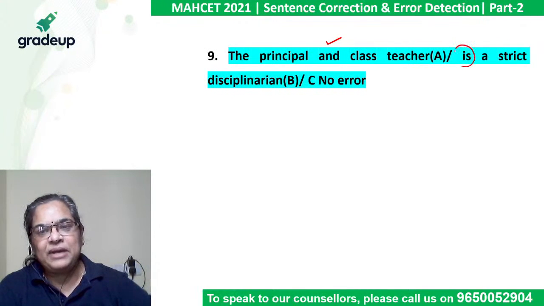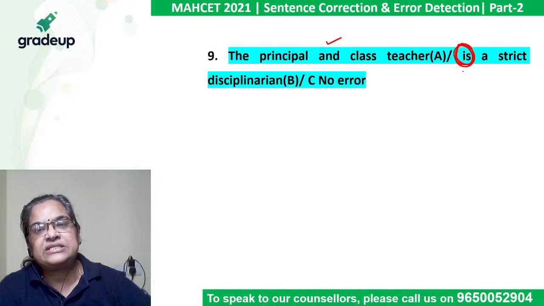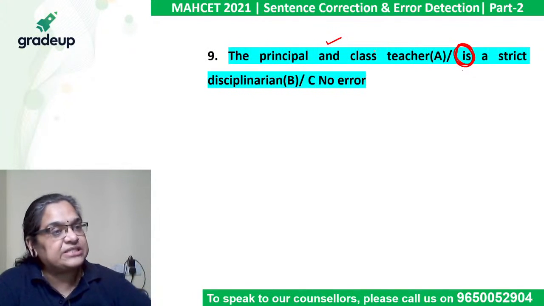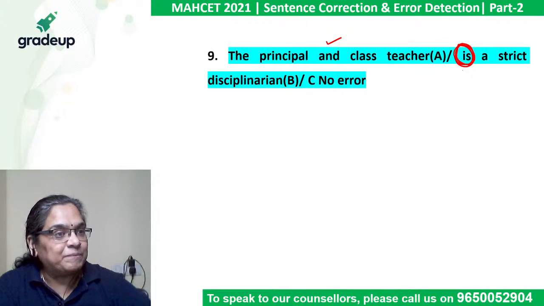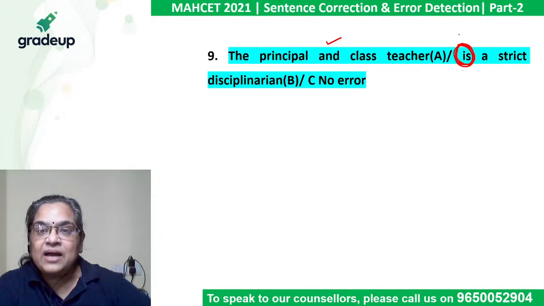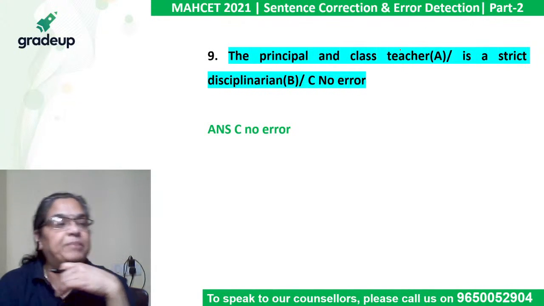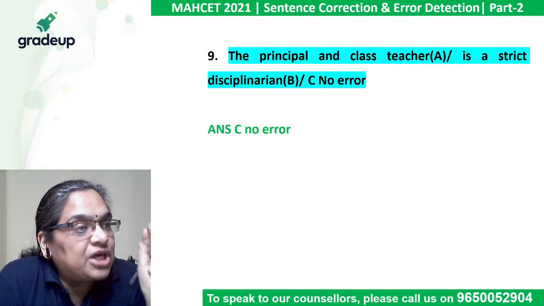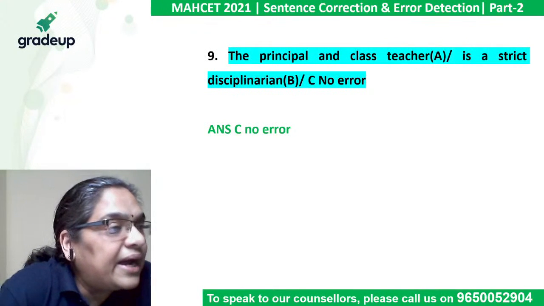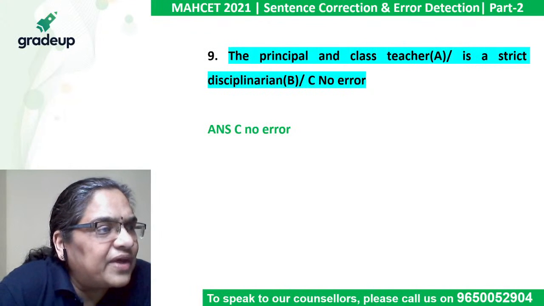The problem is that here, why do you want to substitute this and keep the verb as it is? To call somebody the principal and class teacher is correct, but you're talking of the same person. Therefore, you will say this is correct because principal and class teacher is the same person, so there is no error.